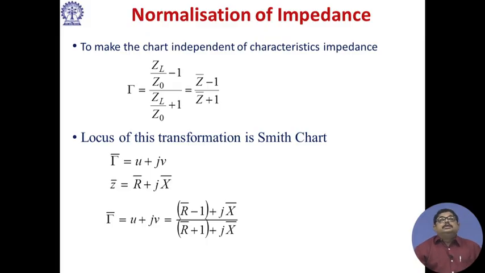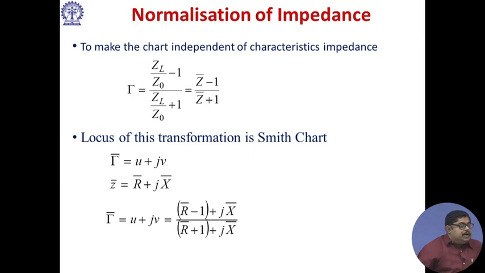Now, both this reflection coefficient gamma and the normalized impedance Z bar are complex quantities. Any complex quantity I can write as a plus j b, real part plus imaginary part.